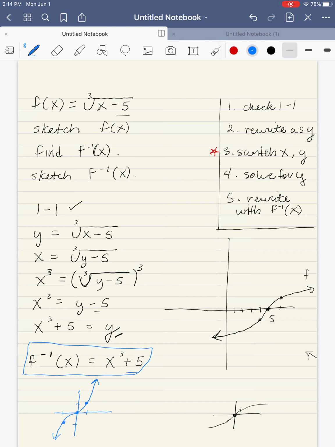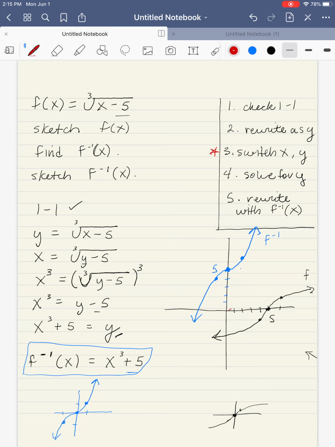And the plus 5 is going to move that graph up 5 units. So we come here to y equals 5, and we recreate this shape. So we go over 1, up 1, we go back 1 and down 1, and we know our basic shape is curved like this. And so this is the function f inverse of x.